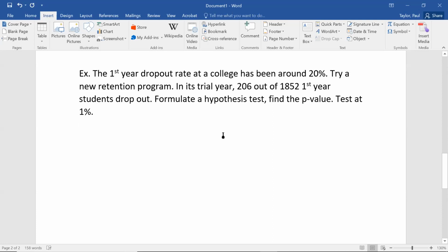Now, when I say formulate a hypothesis test, if you're not explicitly told, part of that is to say what the null and alternative hypothesis are. So your job here is to say, what is the null hypothesis? What is the alternative hypothesis? And then run the test to find the p-value.